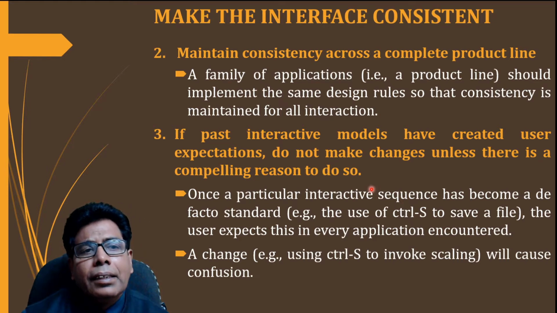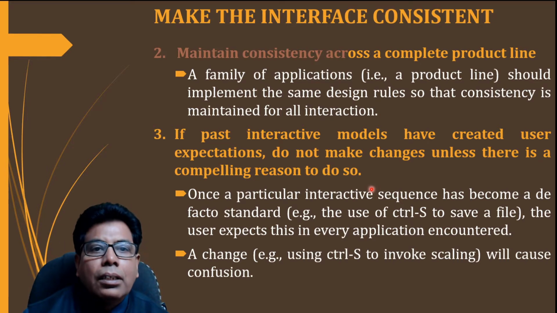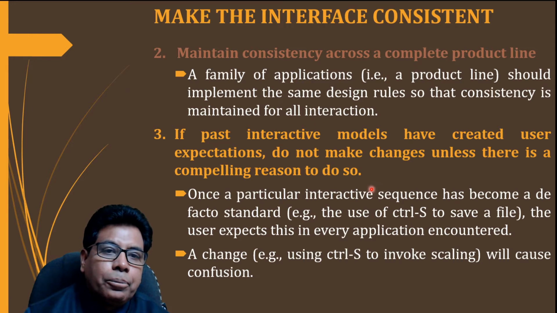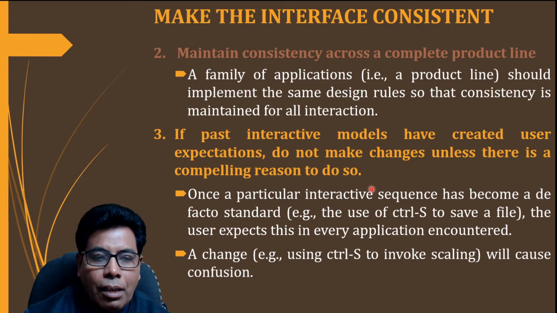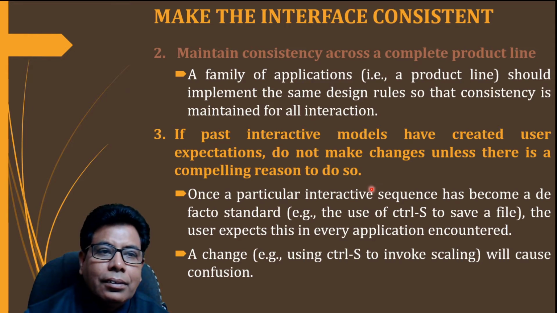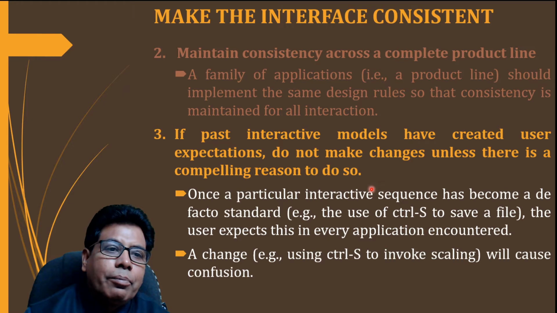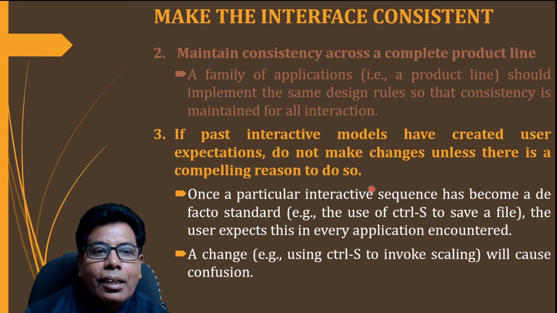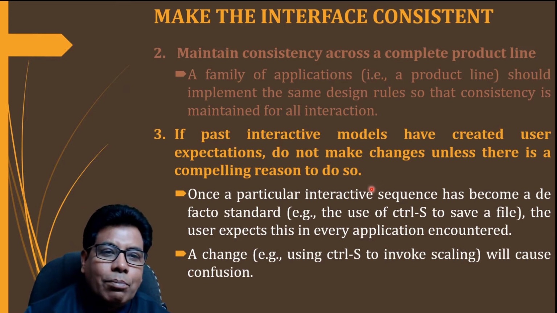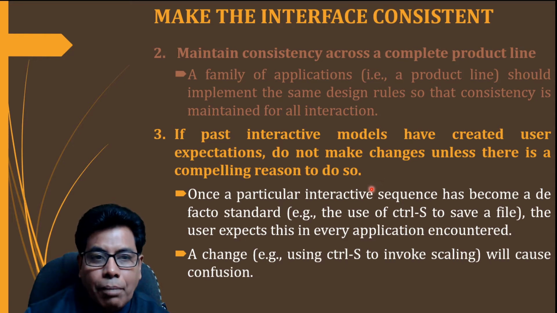Then maintain consistency across a complete product line. See, a family of applications, that is a product line, should be implemented with the same design rules so that consistency is maintained for all interactions. The best example for this would be Apple.